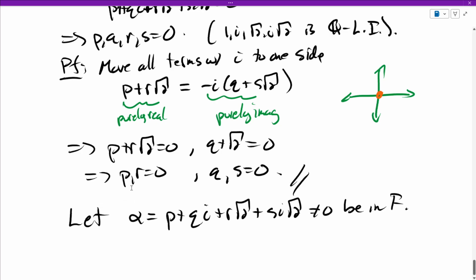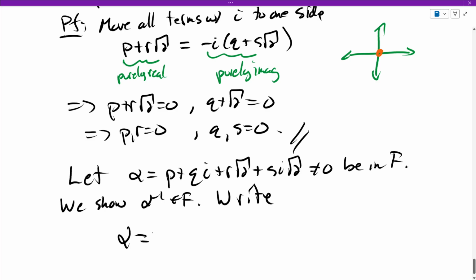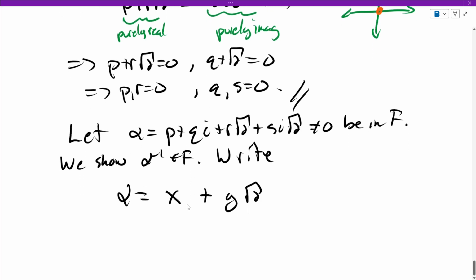We know that alpha inverse exists as a complex number, but we want to show now that alpha inverse is in F. That's what we're looking to show. All right, so let's write alpha as x plus y root 2, where x is p plus qi and y is r plus si.